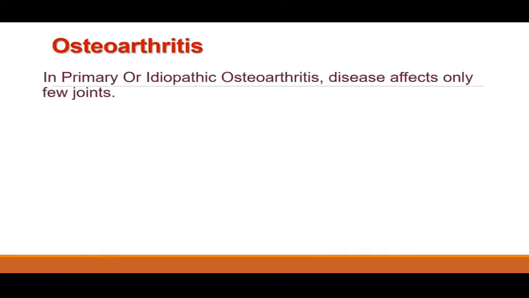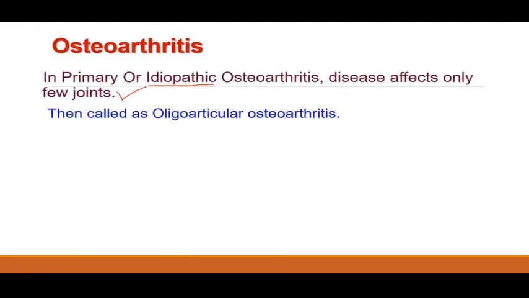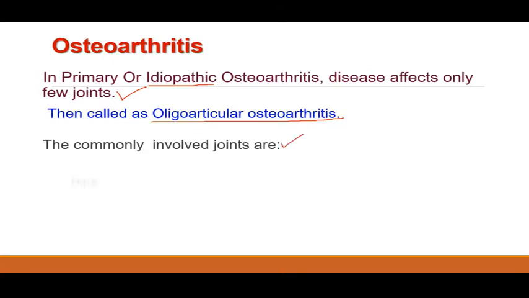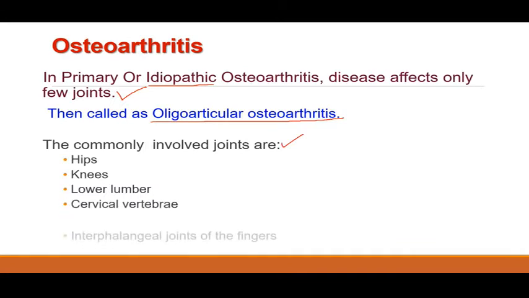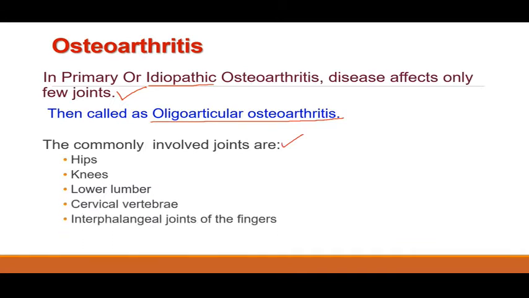In primary or idiopathic osteoarthritis, the disease affects only a few joints and is called oligoarticular osteoarthritis. But it may be generalized and spread to other joints also. The joints which are commonly involved include the hips, knees, lower lumbar and cervical vertebrae, and interphalangeal joints of the fingers.